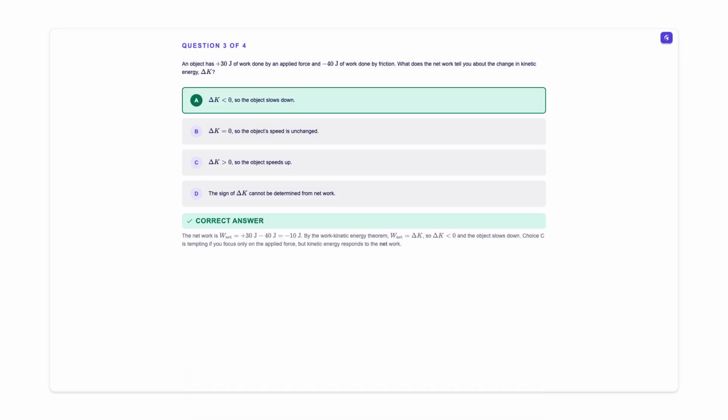The net work is W net = +30 J - 40 J = -10 J. By the work kinetic energy theorem, W net = delta K, so delta K is less than 0 and the object slows down. Choice C is tempting if you focus only on the applied force, but kinetic energy responds to the net work.